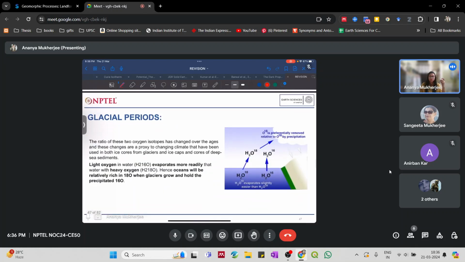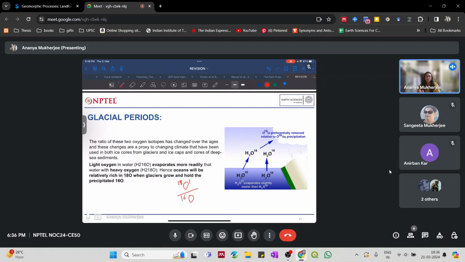Now if we go to glacial geomorphology, we can try to see whether we are in the glaciation period or the interglaciation period by understanding the isotope ratio between O18 and O16.